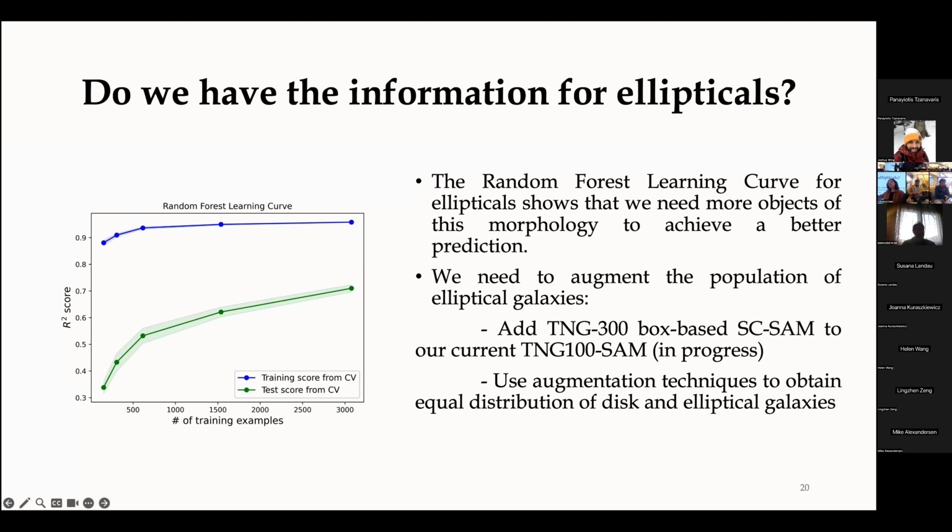But with this one, so far, it seems like it needs a little more data, and then we can come to a conclusion whether galaxy sizes in ellipticals can really be predicted with the amount of features that we have, which again makes sense physically because we have features at redshift 0 and elliptical sizes are set also by the history, how mergers happen. So maybe we don't have enough information in the features for these galaxies. So maybe we need more features, or maybe we need a time series in order to predict galaxy sizes in ellipticals.